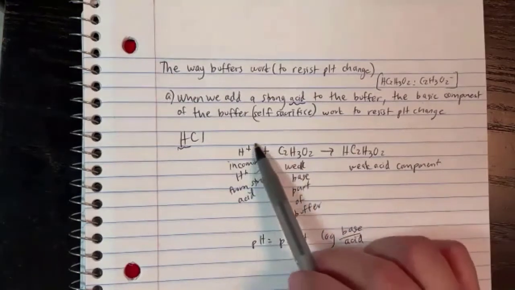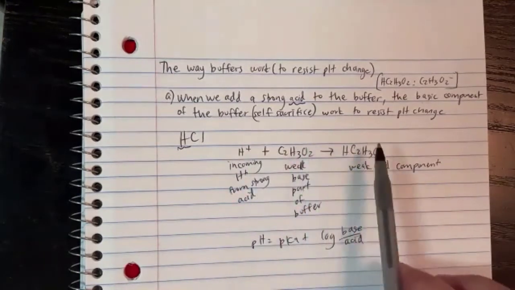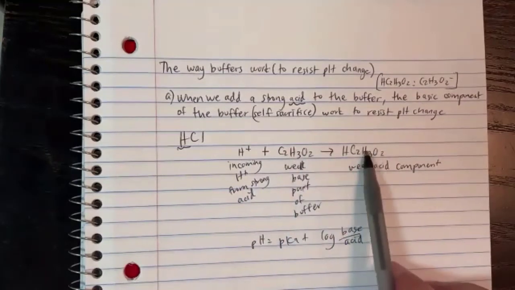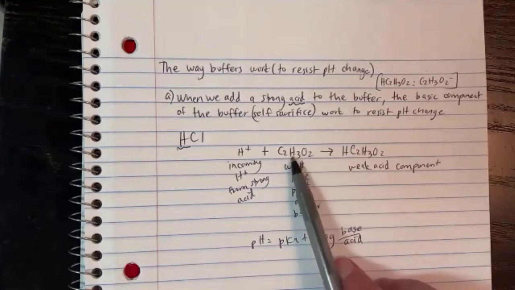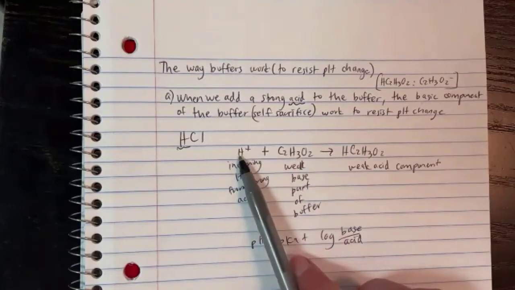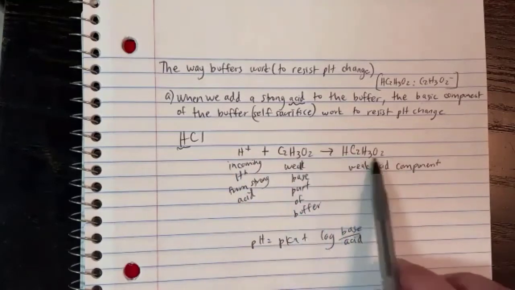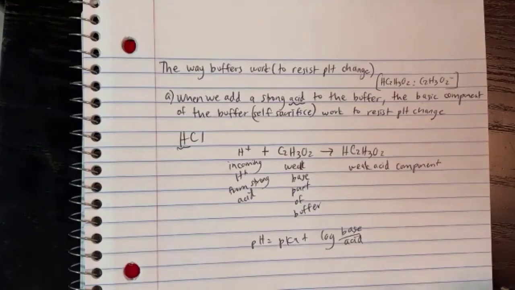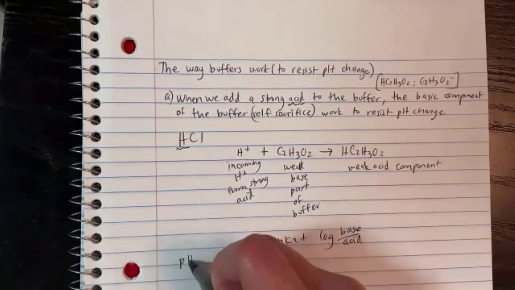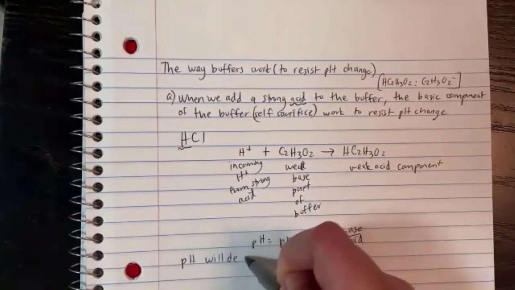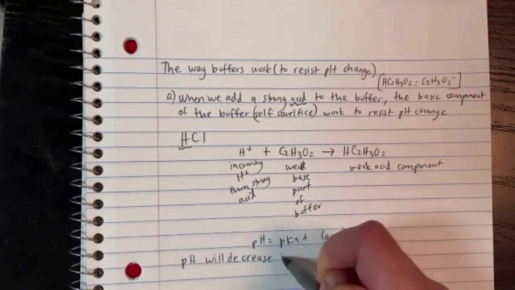All that happened when you add the incoming H is you change the ratio of the acid and base a little bit. Acid would have gone up a little bit, but how much base went down depends on how much acid you poured in. So the ratio tweaked a little bit. Because it tweaks just a little bit, the pH won't change a lot. Your pH will decrease just a little bit.